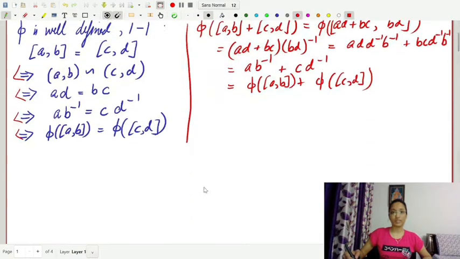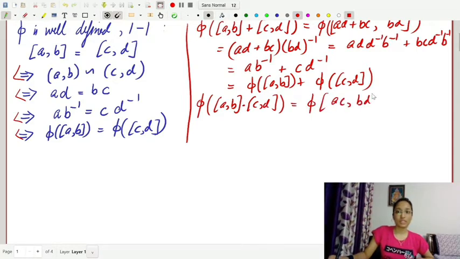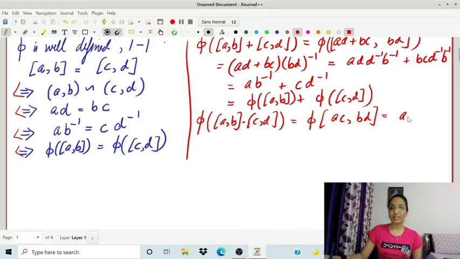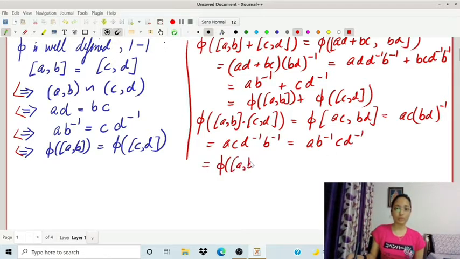So let's see. Phi of (a,b) dot (c,d) is equal to phi of (ac, bd), which in turn implies ac into bd inverse, that is ac d inverse b inverse, which in turn implies a b inverse c d inverse, which in turn implies phi of (a,b) into phi of (c,d).